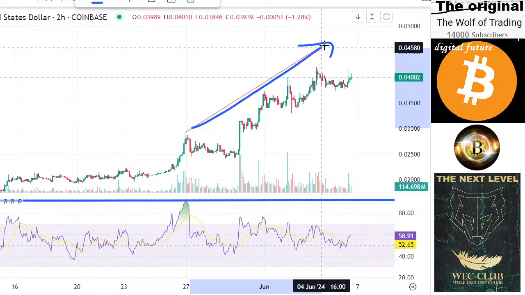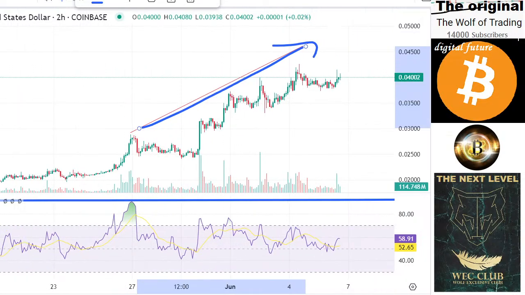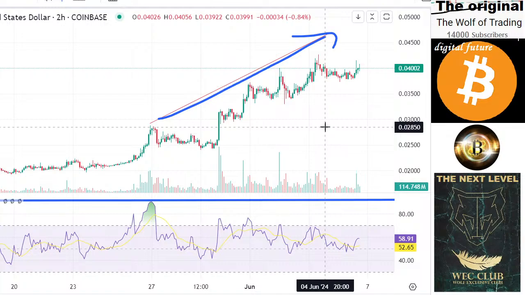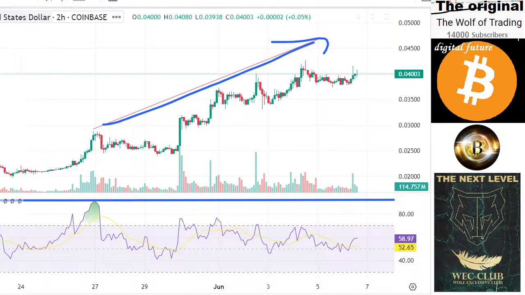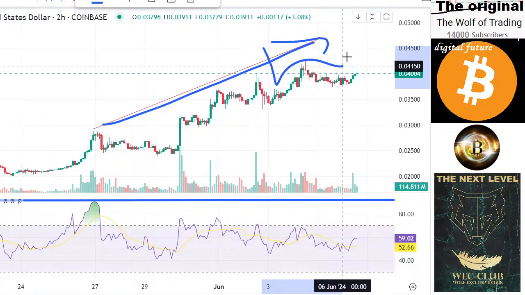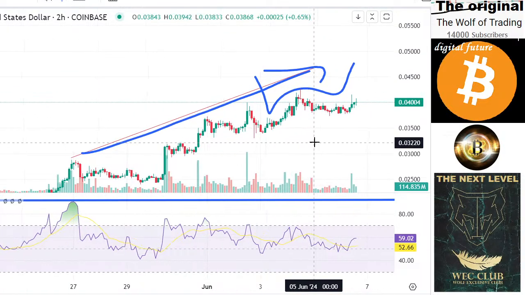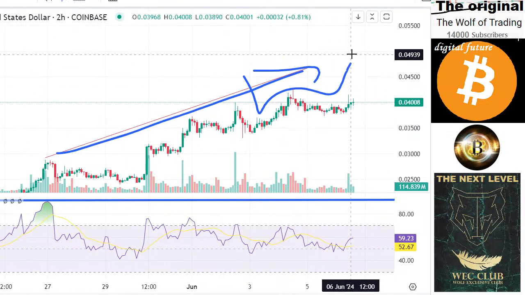So what information do we have here? Let me look. Oh, bad. Very bad. The problem is we have a W pattern here. Look here. Do you see this? And the W pattern can go until 005.